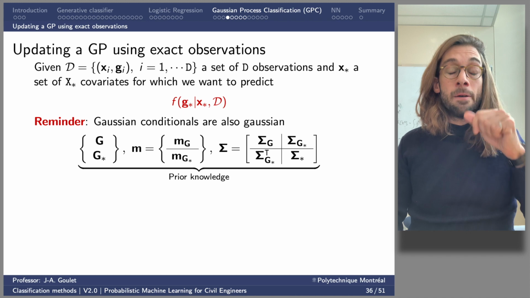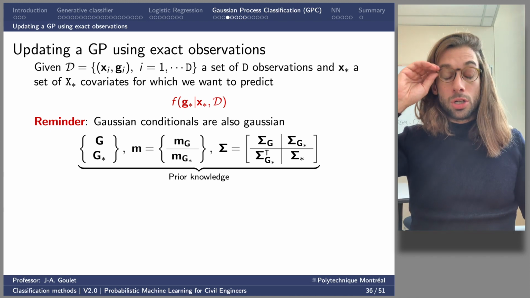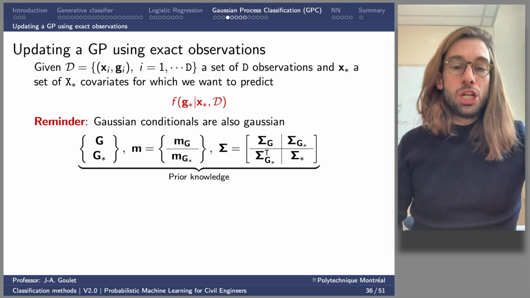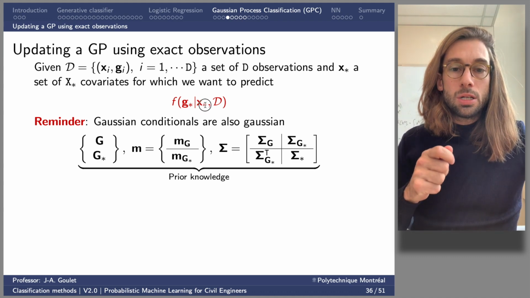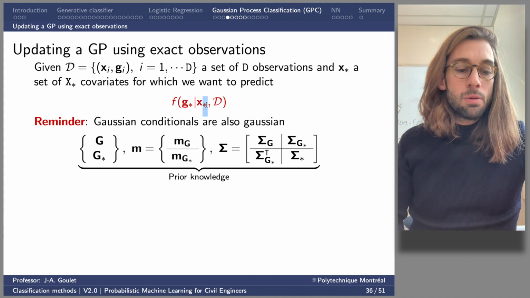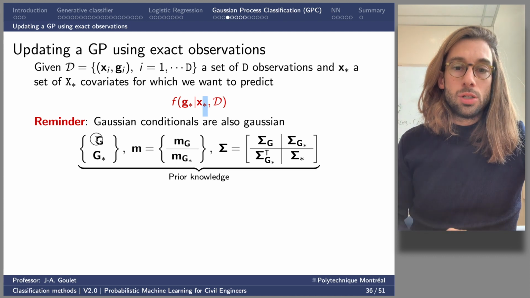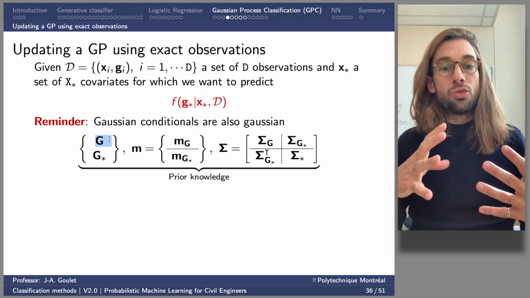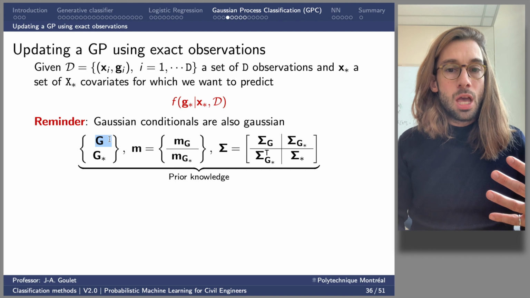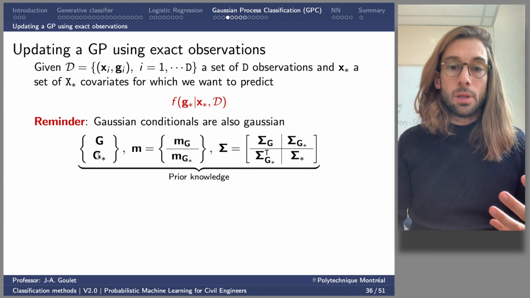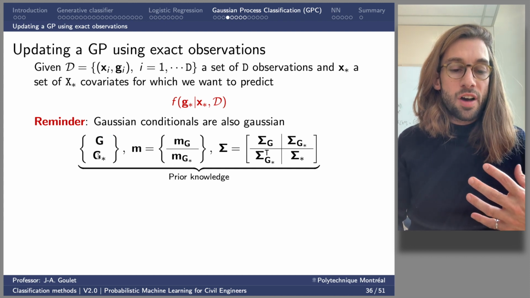To do this, we need to represent our joint knowledge for G and G star. Remember, the star denotes the location where we want to predict. G represents the location where we have observation. So we need to represent our joint knowledge for locations where we do have observation and those where we want to predict. To do this, we need to define a mean vector.